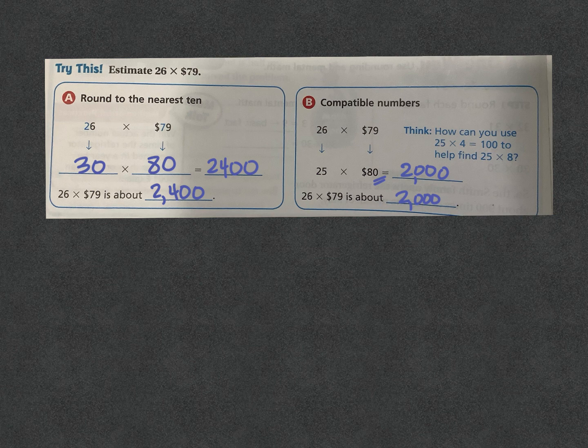And I'll get you the actual answer. I'm going to do the calculation in the algorithm that you will be led to do by the end of the chapter. It's going to look like this. 9 times 6 is 54, carry over like we did in the previous lesson. And 9 times 2 is 18, 19, 20, 21, 22, 23. But I'm not done yet.